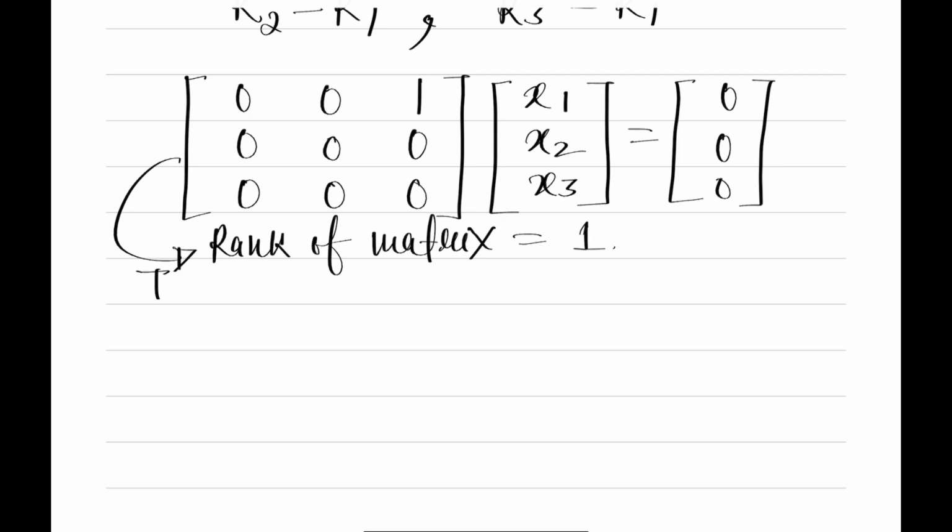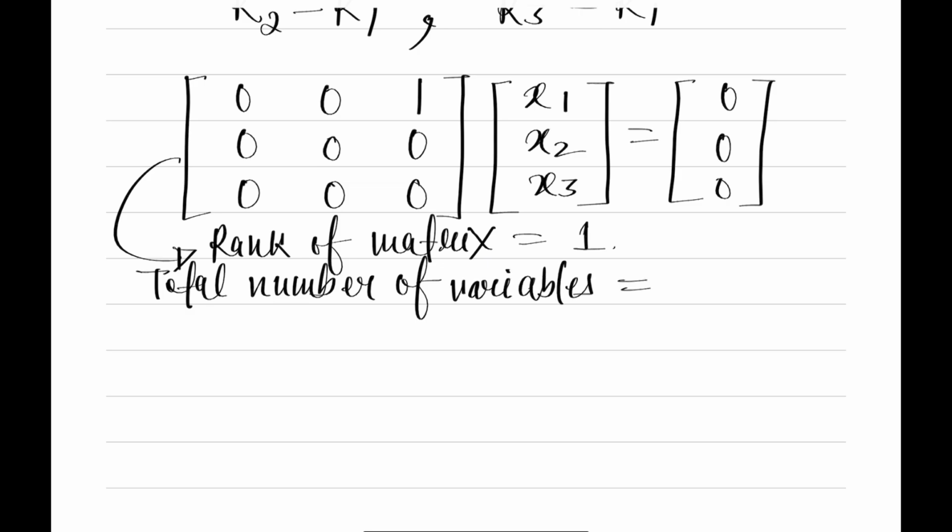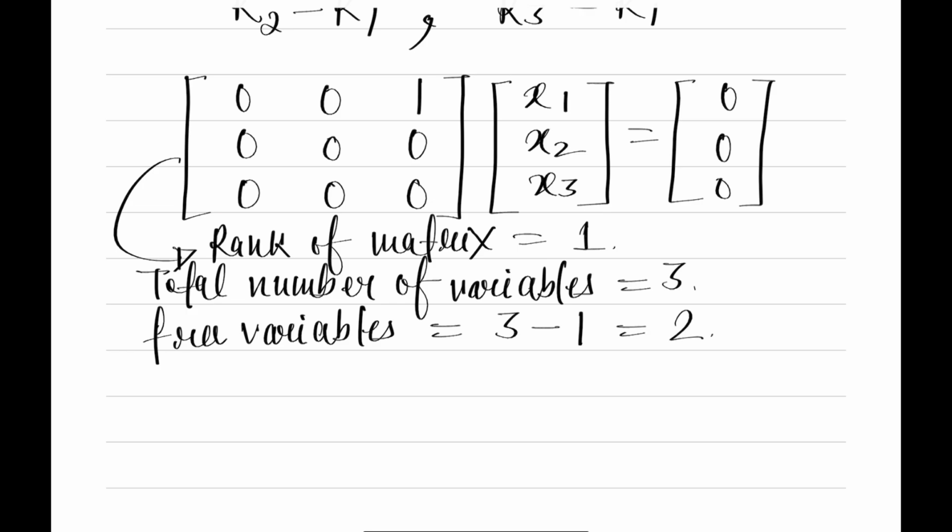We have total number of variables as 3, and free variables will be 3 minus 1, which is 2.